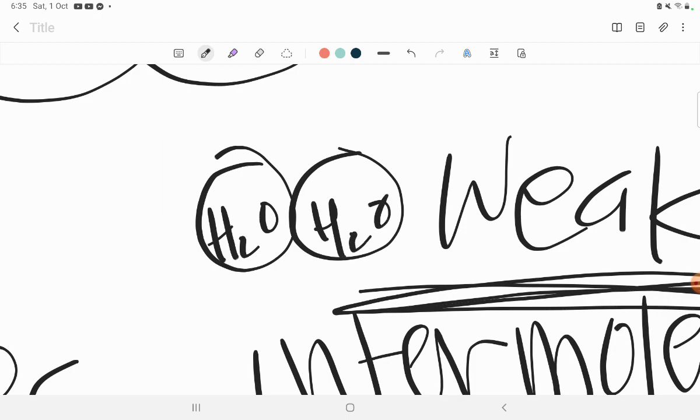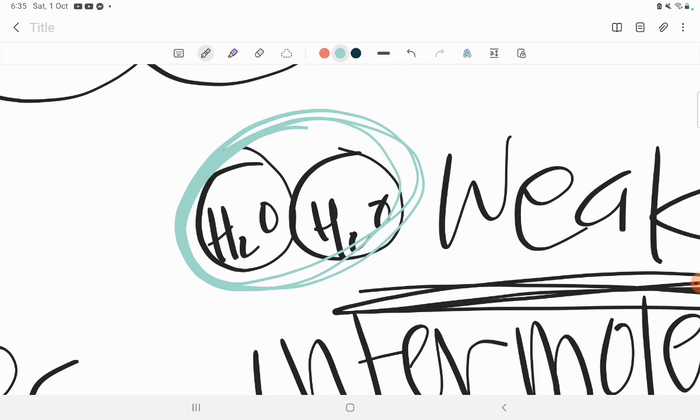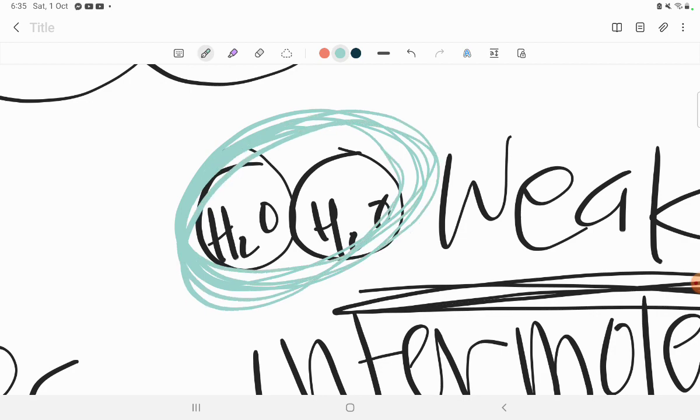Why? Imagine ice when it melts. It melts easily, right? Because it has a low melting and boiling point. And ice is basically a bunch of H2O molecules together.